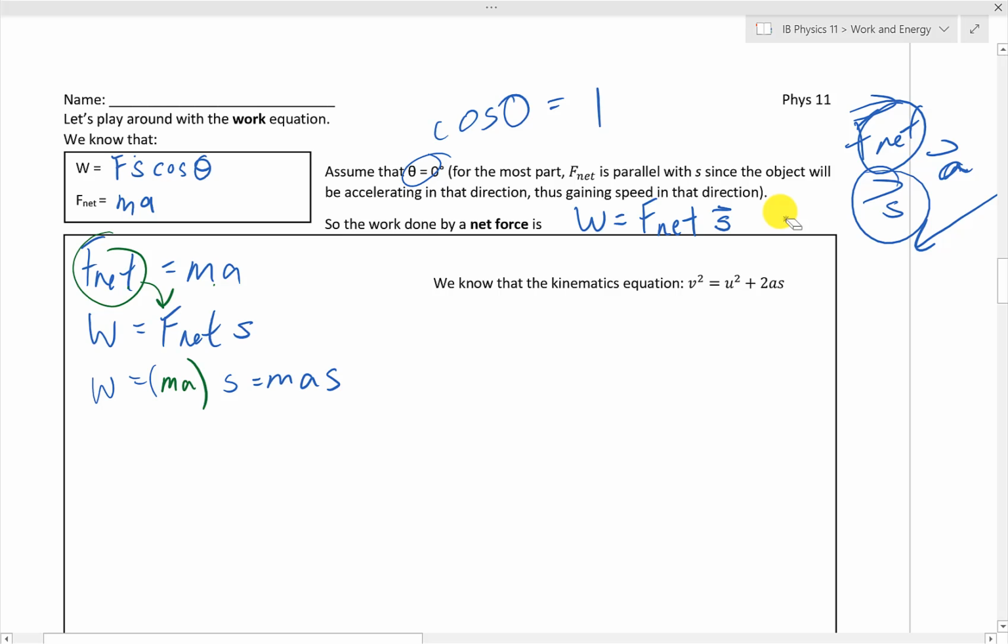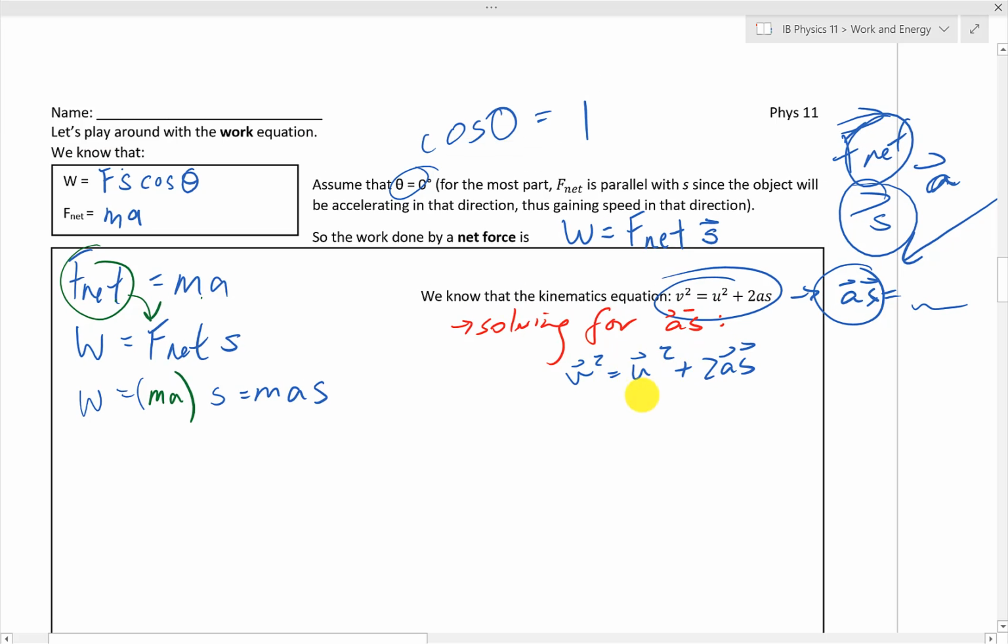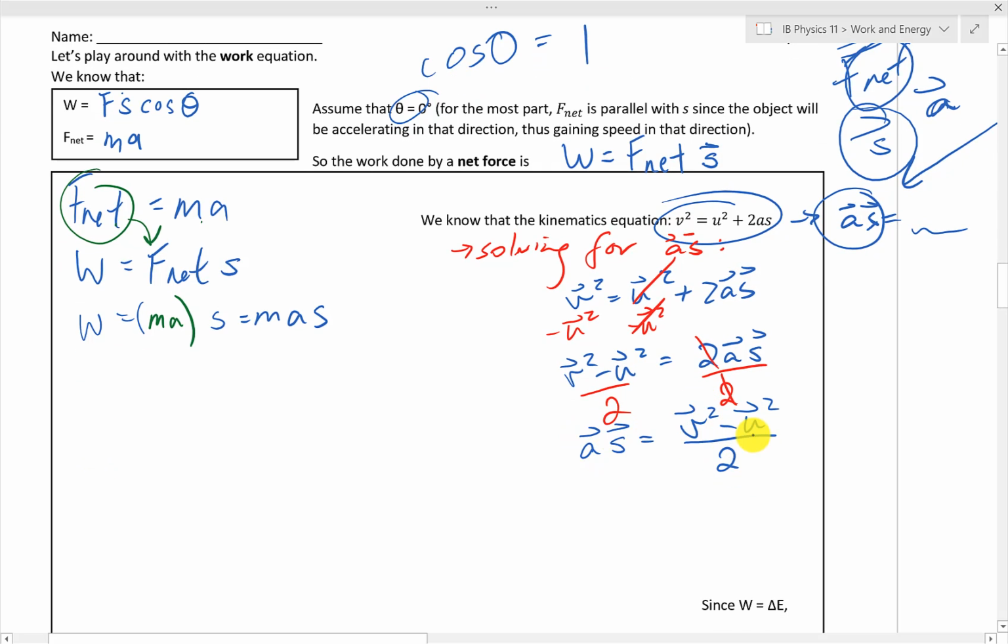So let's rearrange this equation to get acceleration times displacement, as, equal to something, because we can then substitute that over here in the work equation. Let's do some algebra to isolate for as. So solving for as, we need to subtract the initial velocity squared on both sides of the equation, and then divide both sides by 2, which then leaves us with just as.